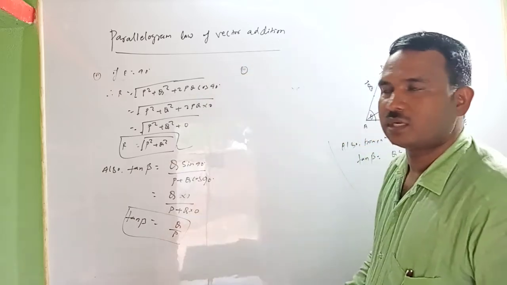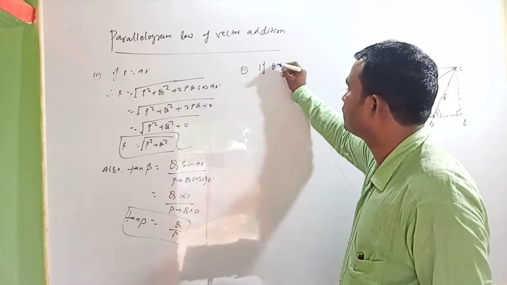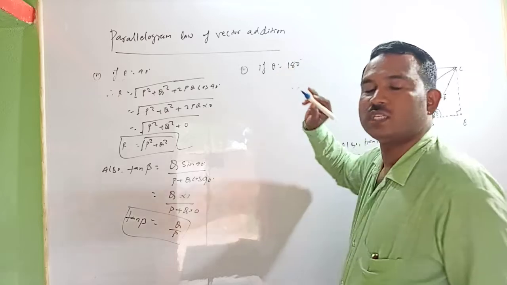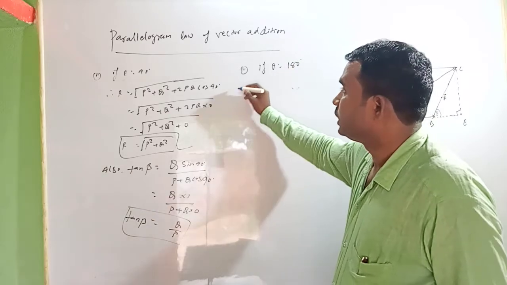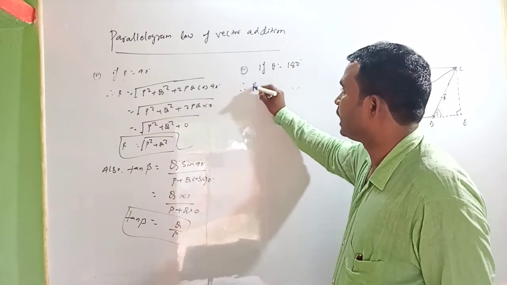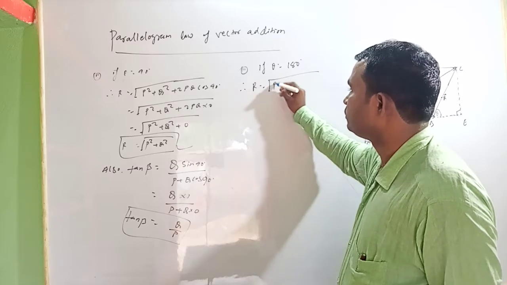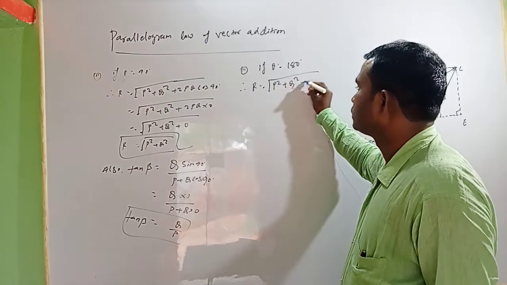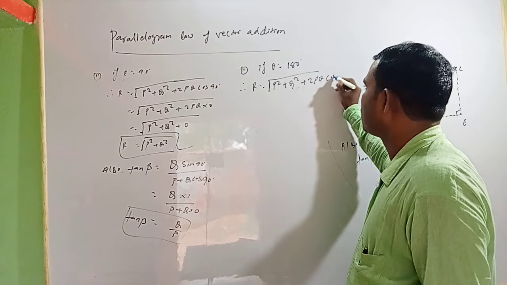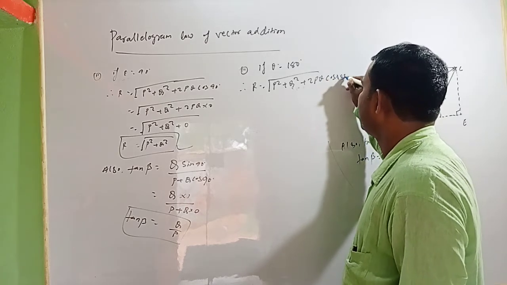Now you can take the third case. Suppose theta is equal to 180 degrees. Then r is equal to root under p square plus q square plus 2pq cos 180. So what is cos 180?